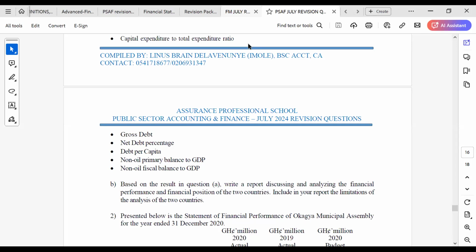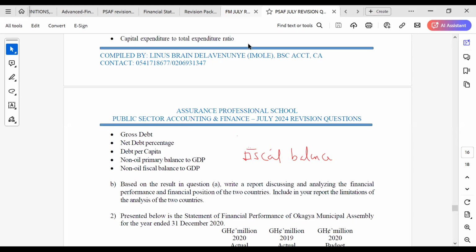Okay. Let's come to the non-oil primary balance. The primary balance that we are talking about is just a surplus for the year. But this surplus for the year, what do we do? We now look for a revenue. So we look at the primary balance, or we look at the fiscal balance. The fiscal balance is just the surplus, since the entity is using the accrual basis.